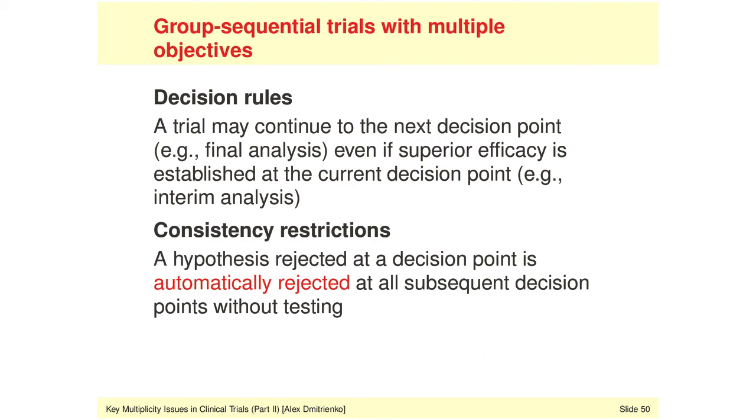If the trial sponsor decides to go down this path, they will need to apply the following set of consistency restrictions. If a hypothesis is rejected at the current decision point, for example, at the interim analysis, it will not actually need to be retested at the final analysis. It will be automatically rejected at all subsequent decision points without testing.